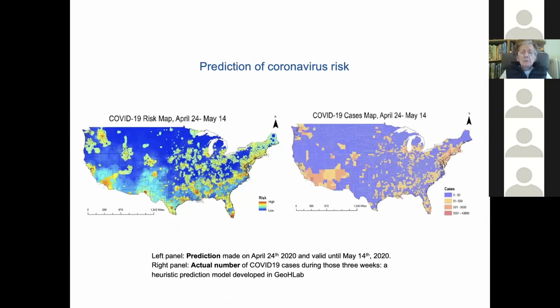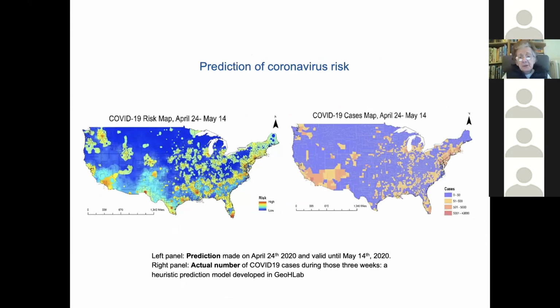Now, I want to launch quickly into the coronavirus data, because what we have done is to take the model that we have developed for cholera and apply it to COVID-19. The previous slides showed that this translation worked very well.